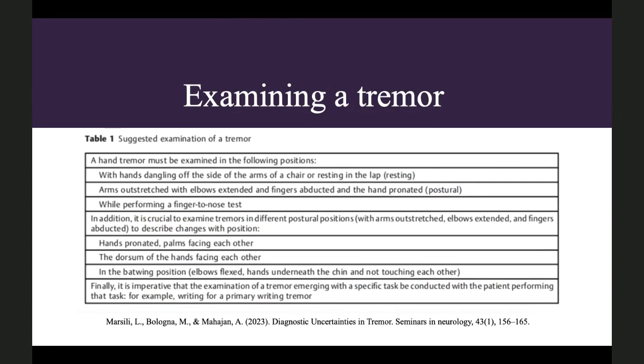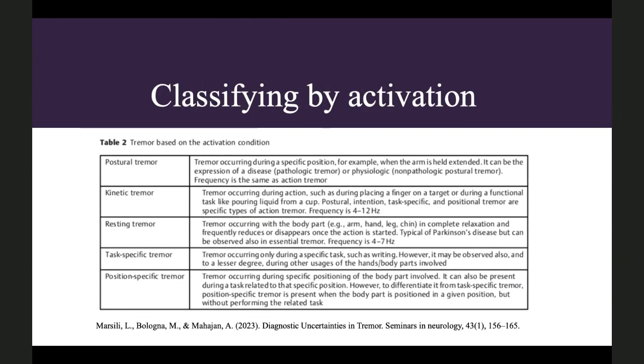Then additionally, we can test them where the hands are pronated with palms facing each other, dorsum of the hands facing each other, and then in a bat wing position. Based on the data we get from examining the tremor and from the history that we get, they can be broadly classified as postural, kinetic, resting, task-specific, and position-specific tremors.